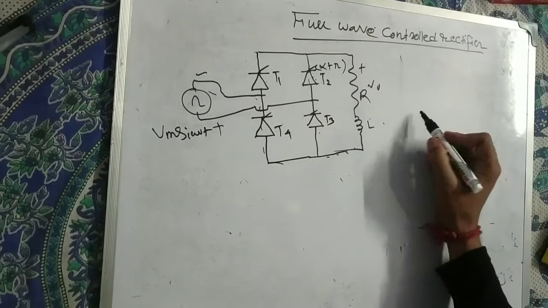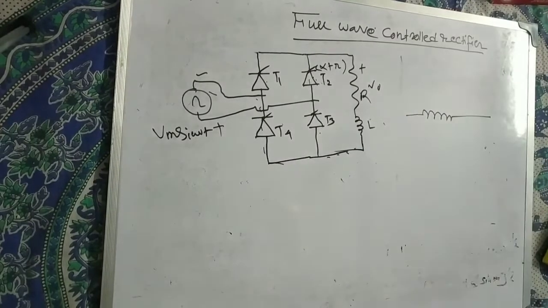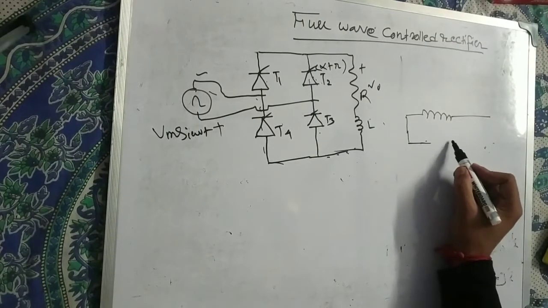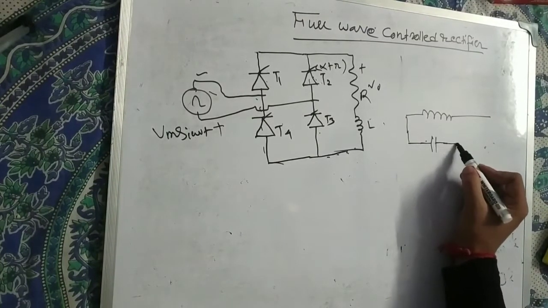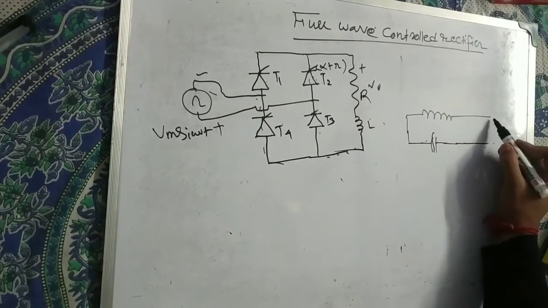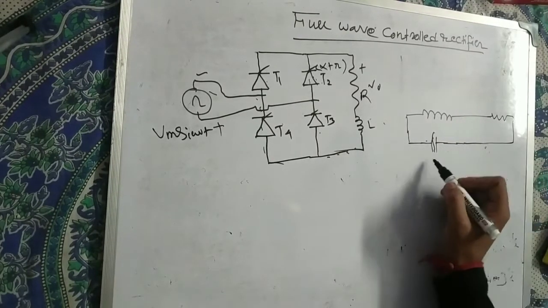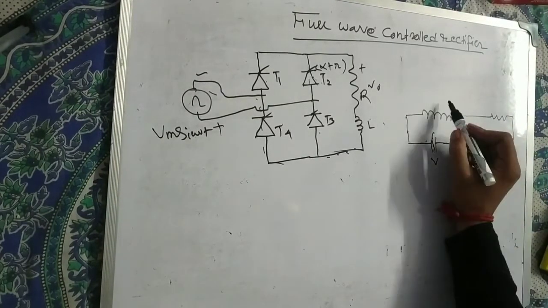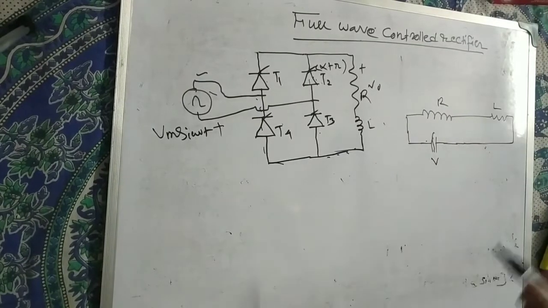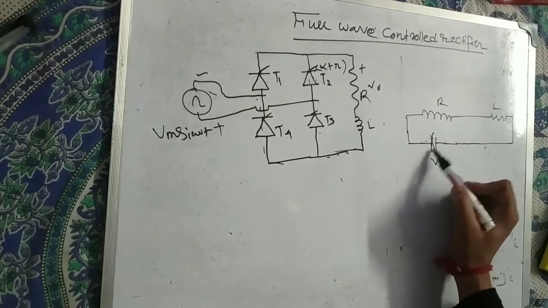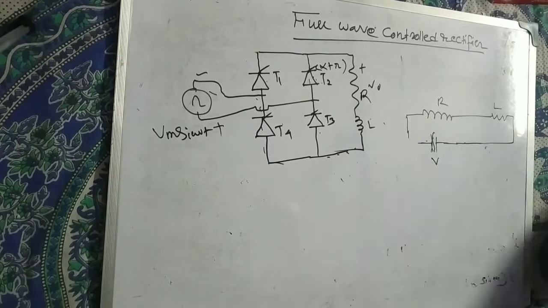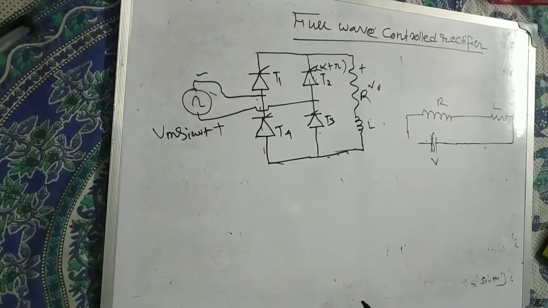Suppose you give an inductor a DC voltage, and a resistance is there. In second year we have already studied transient analysis. Whenever an inductor and resistance are connected and there is a switch, there is initially no current through the inductor, so the inductor will always oppose the sudden change of current.